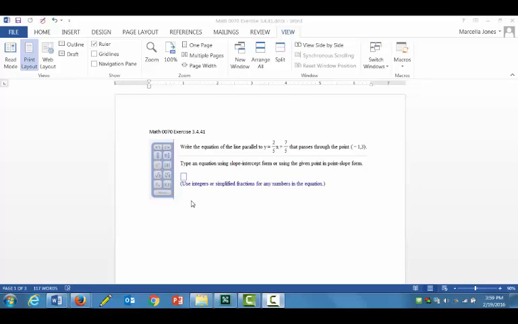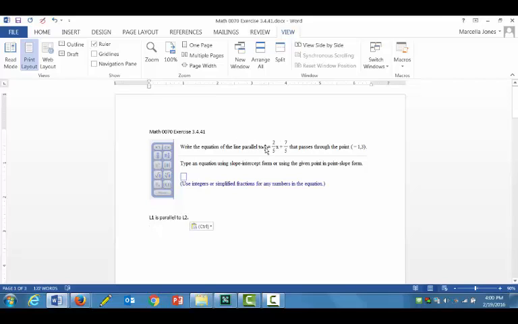We want to call the line whose equation we're given L2. We also want to remember that L1, the line we're trying to find, is parallel to L2.